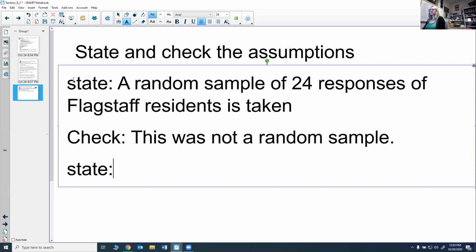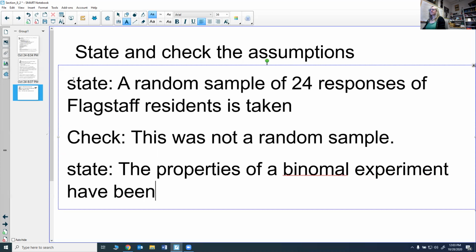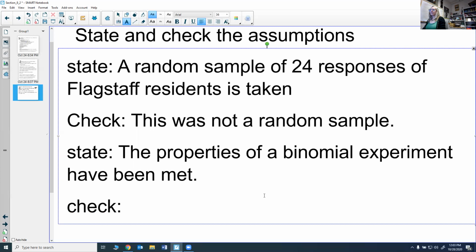The next assumption is that the properties of a binomial experiment have been met. And then we're going to go check it. And this is where we're going to look at the 4 properties. So there are 4 properties.